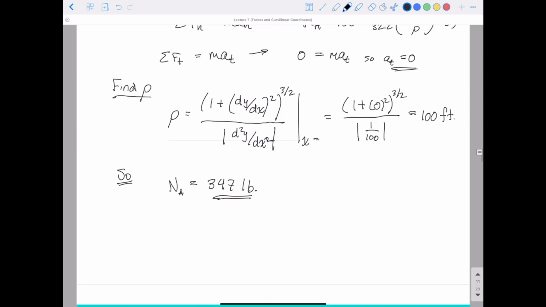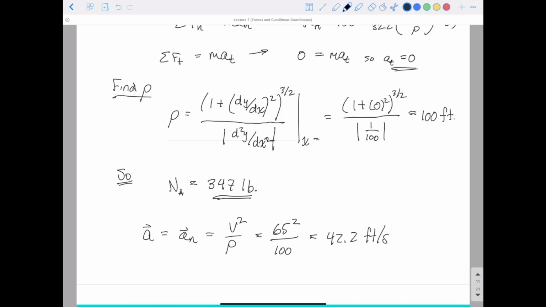And our normal component of acceleration is our total acceleration because we have no tangential component. So a is equal to a_N, which is equal to v squared over rho, 65 squared over 100, or 42.2 feet per second squared upwards.